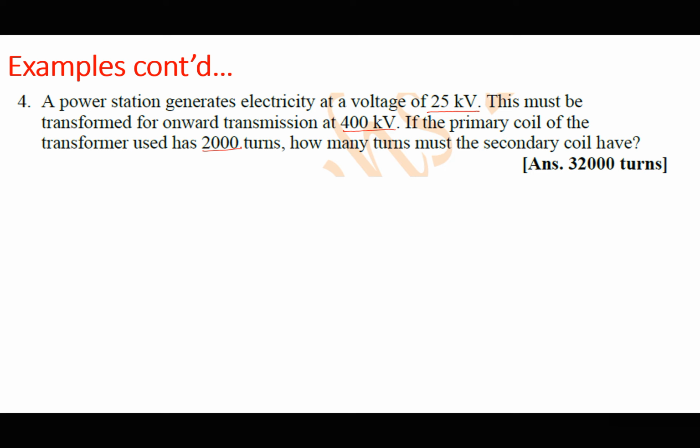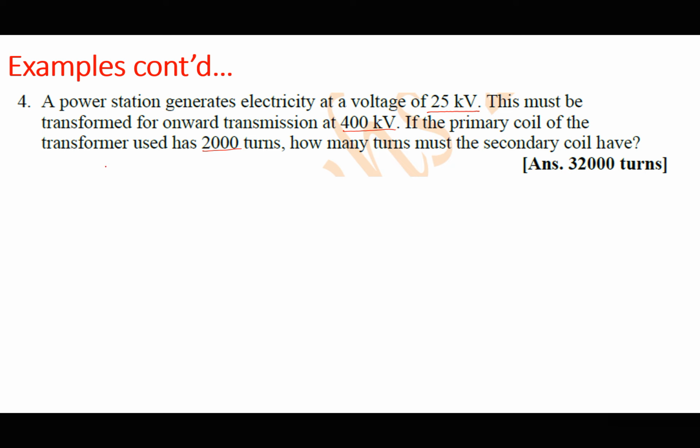Okay, I think this is an easy one. Some of these questions really look like IGCSE questions because they are direct, but it's good to practice using the equation for an ideal transformer.